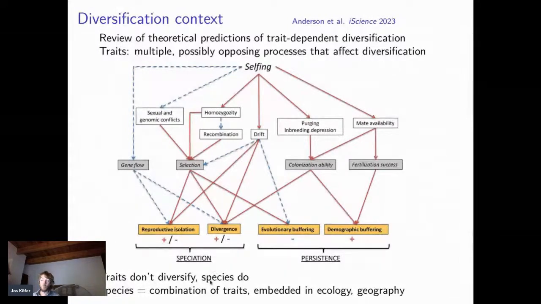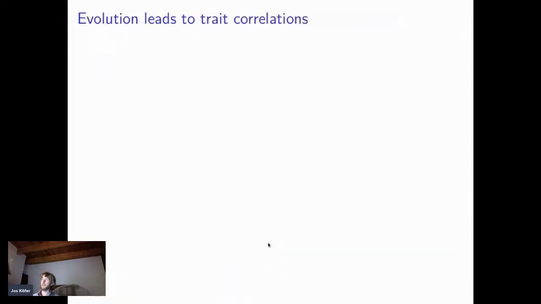And the species is always a combination of traits. And this combination of traits, to make it even worse, is embedded in ecology and geography, which all influence the probability of a lineage to speciate or to go extinct. And of course, these trait correlations are caused by evolutionary processes.